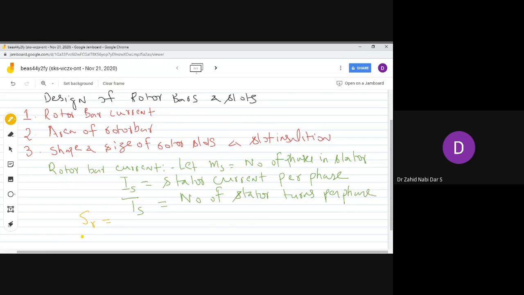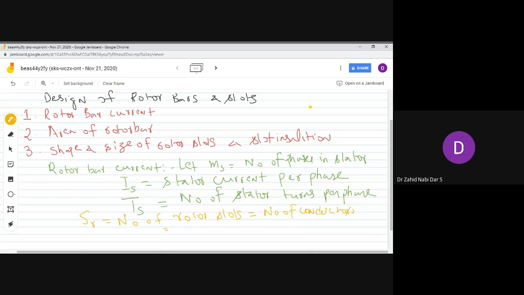Usually it's not the case, but for this derivation, the number of rotor slots is equal to the number of conductors, and this number of conductors would be equal to the bars in the rotor.